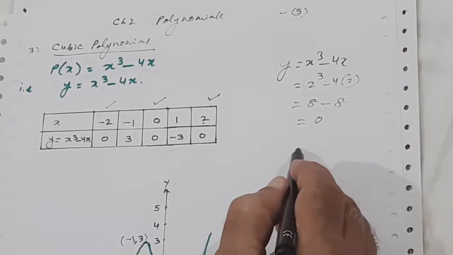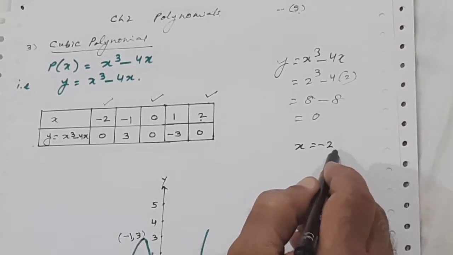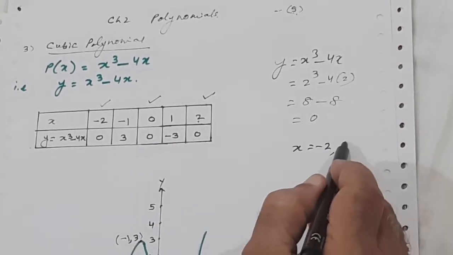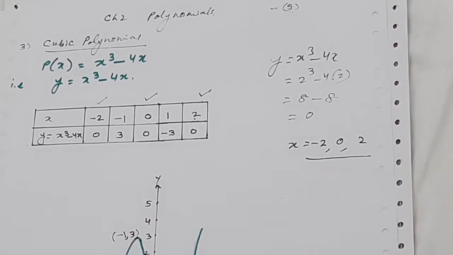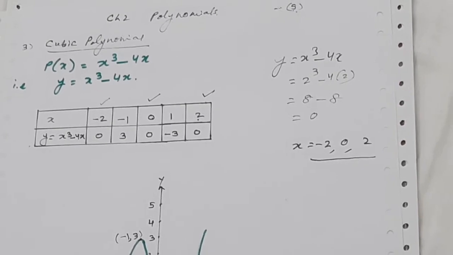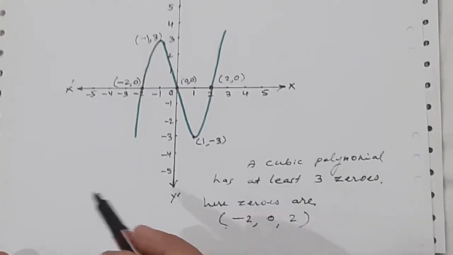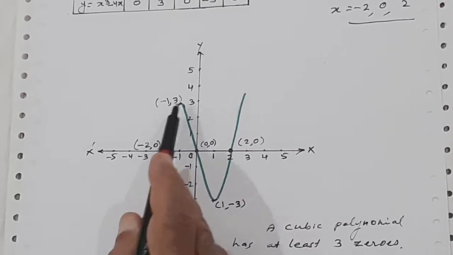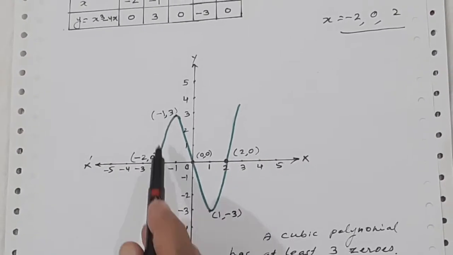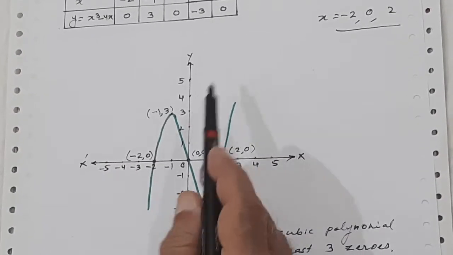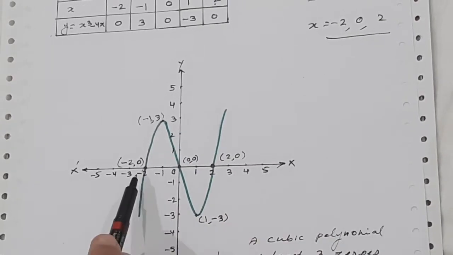That is, x is equal to minus 2, x is equal to 0 or x is equal to 2. These are the three zeros. Plot these points on the graph and you get a curve. So you see that the curve is intersecting the x-axis at 3 points.